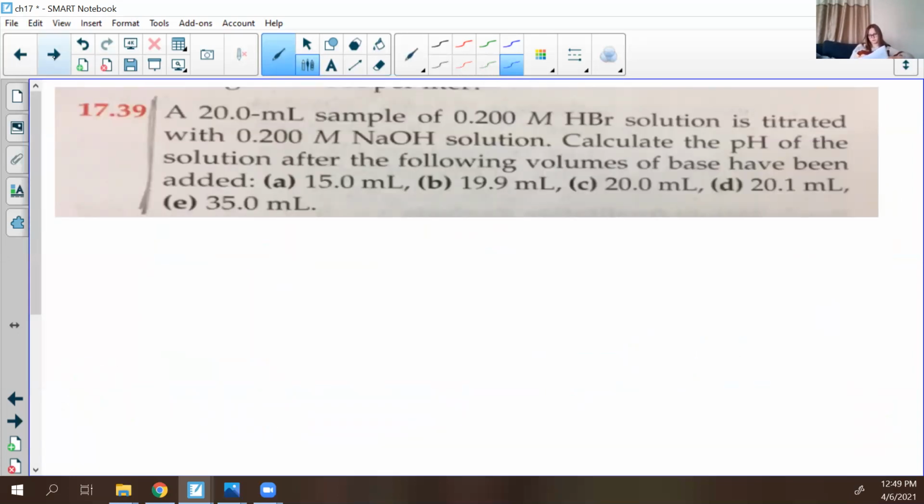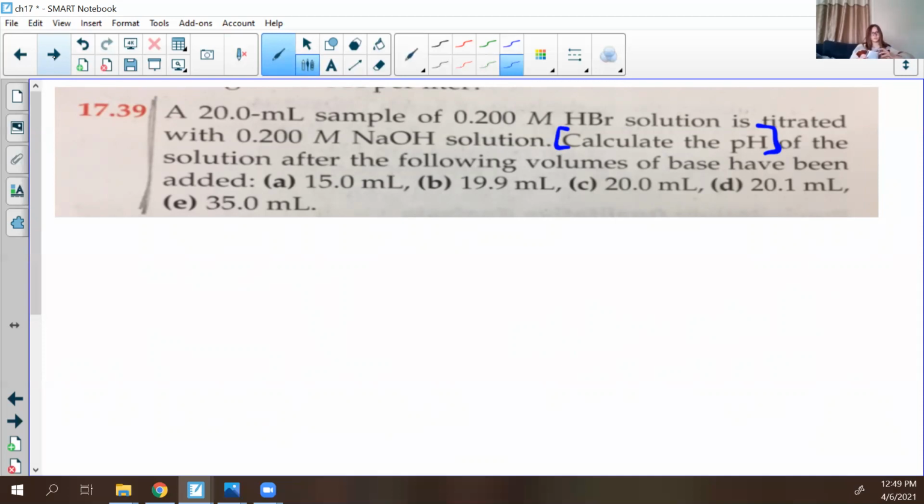All right, so this is where they get a little bit more tricky, because it wants us to now calculate the pH, which we can do. Let's just go through this together. A 20 milliliter sample of 0.2 molar HBr solution is titrated with NaOH. Calculate the pH of the solution after the following volumes of base have been added. We've been doing buffers forever, but this is not a buffer problem.